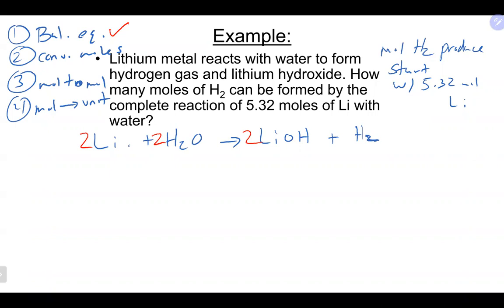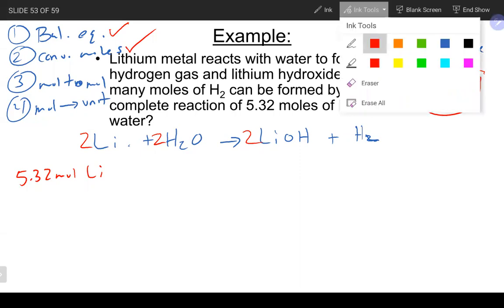The next thing that we want to do is simply take whatever they gave us, which in this case is 5.32 moles of lithium, and we want to convert it into moles. Do I need to do that in this case? I do not. It's a little check mark, and now I'm going to move on to the next part of it, which is the stoichiometry part in this case.